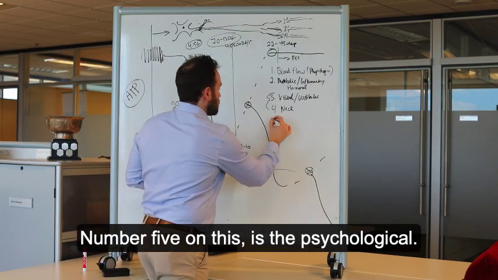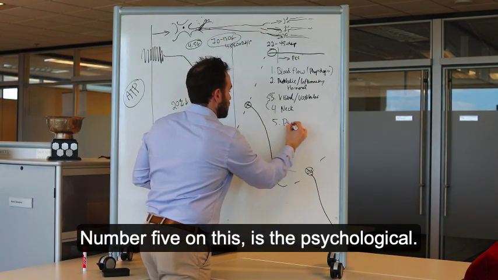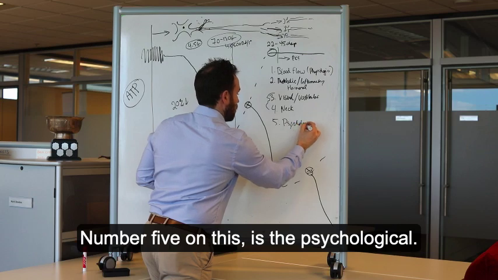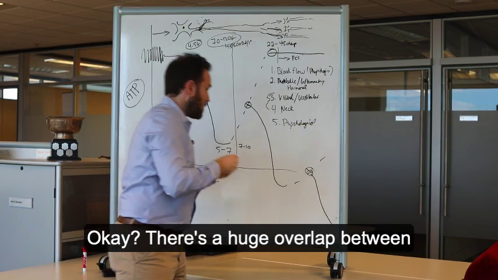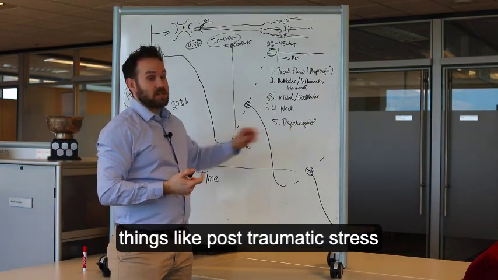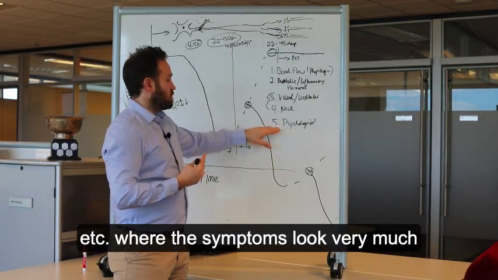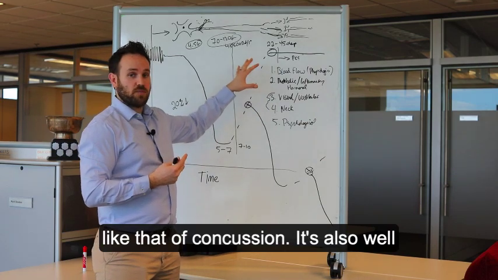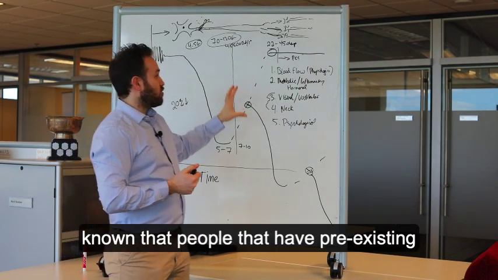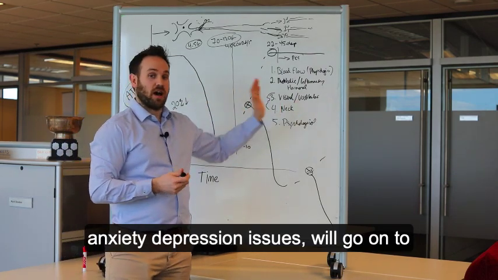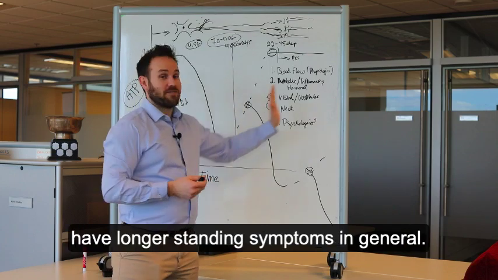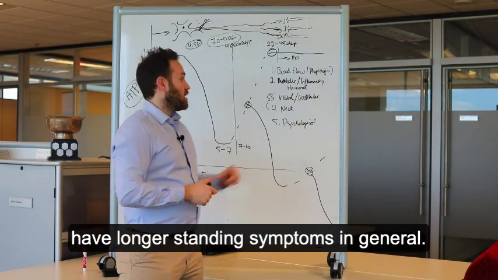Number 5 is the psychological. There's a huge overlap between things like post-traumatic stress disorder, anxiety disorders, depression, etc., where the symptoms look very much like those of concussion. It's also well known that people with pre-existing anxiety or depression issues will go on to have longer-standing symptoms in general.